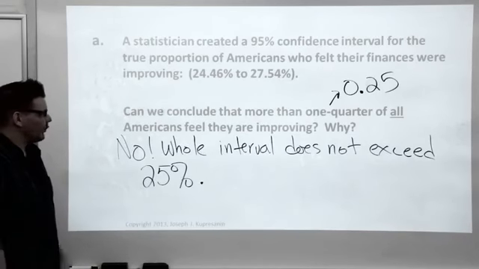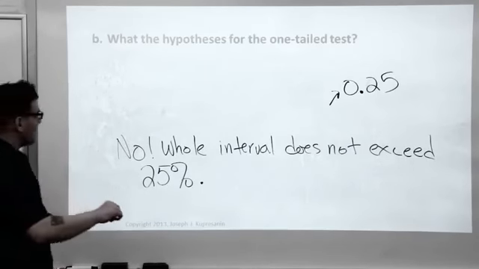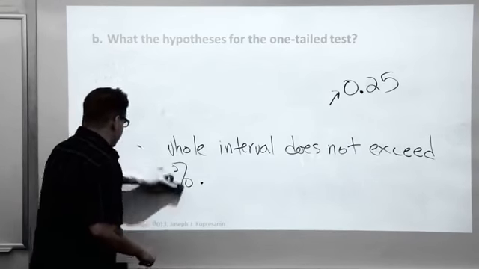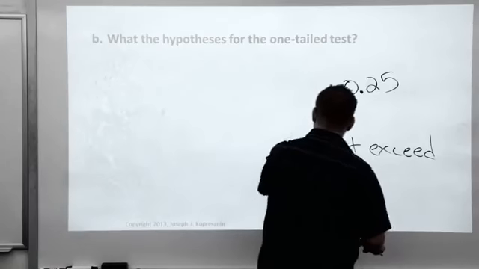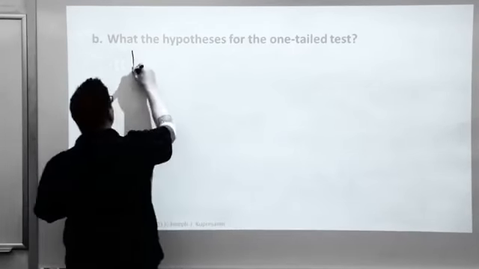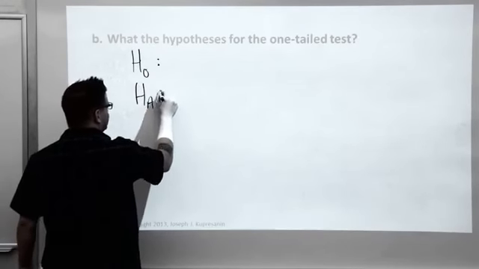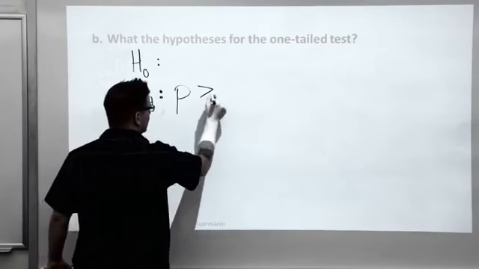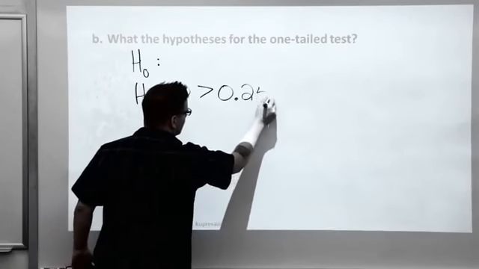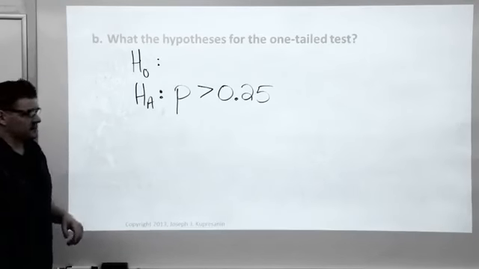All right. What would the hypotheses be if you were going to run the test? Translating the words into hypotheses is super important. We all need to be able to do that. And so H sub 0, H sub A. Personally, I always do the alternative first, at least in my head.